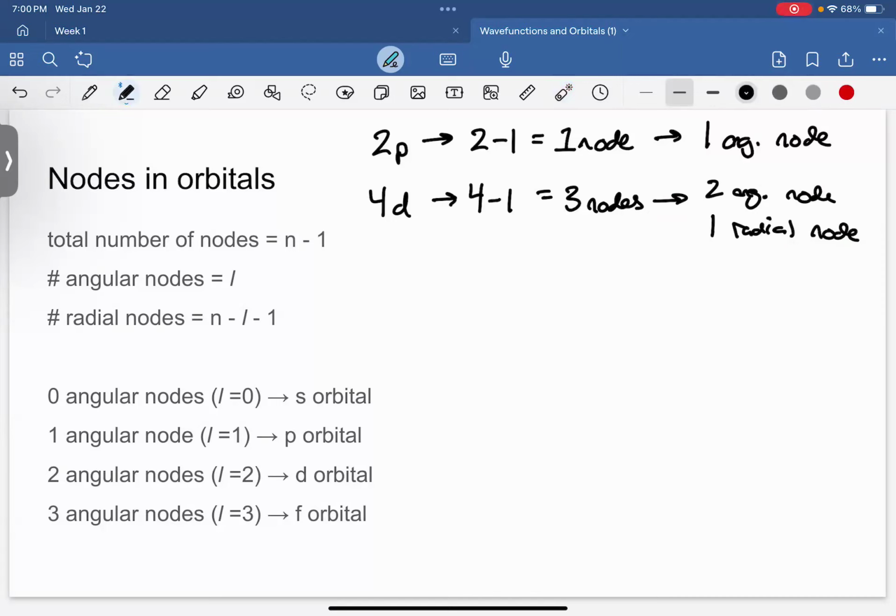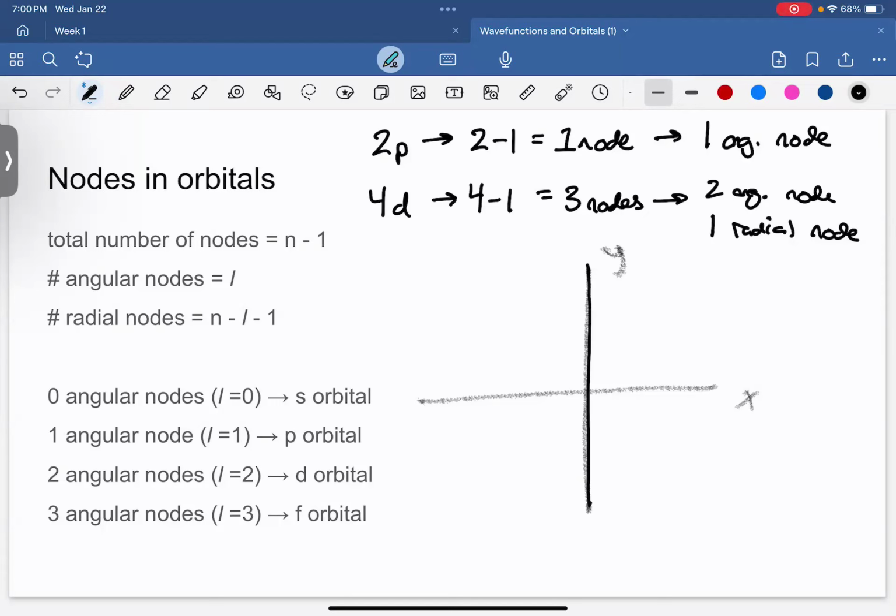And so we're getting a little ahead, but you might remember that if we think about, let's say, here's my axes, X, Y. If I have two angular nodes, let's say those are pointed along the X and Y axes.